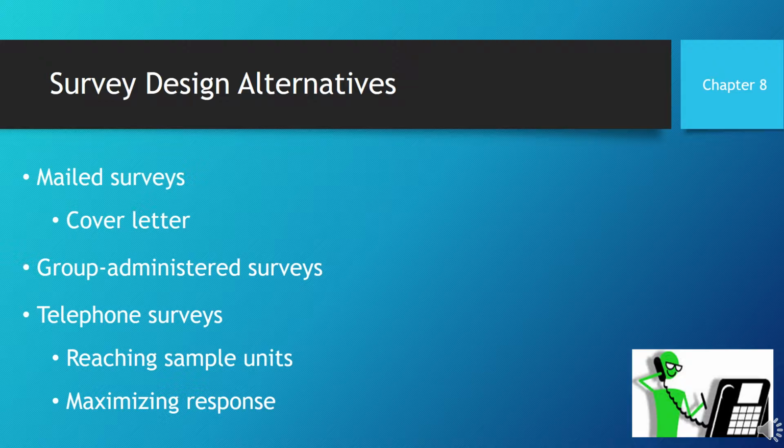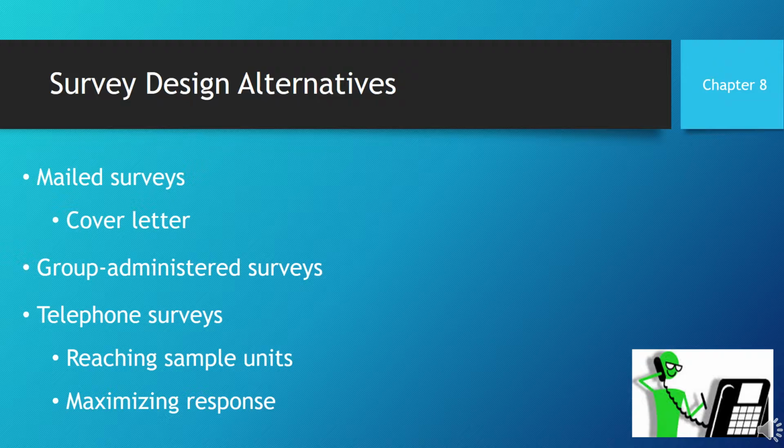Typical survey designs include mailed surveys. These should include a cover letter. Group administered surveys are completed by individual respondents assembled together. Telephone surveys are conducted when interviewers question respondents over the phone and then record their answers.